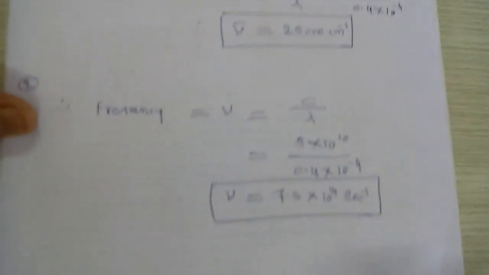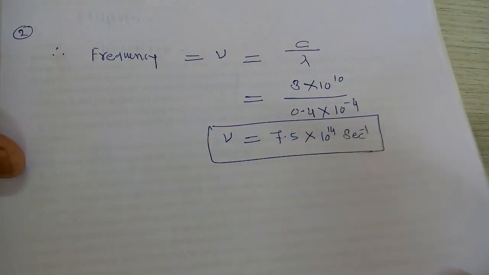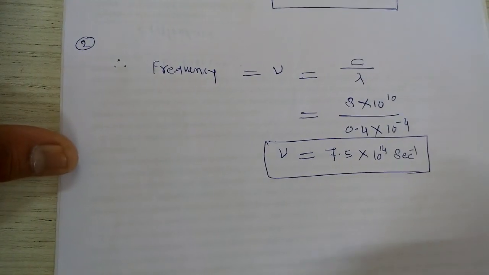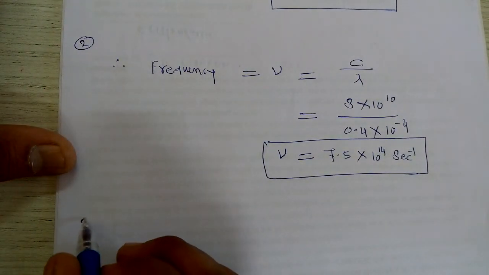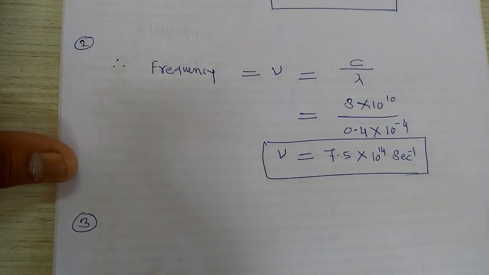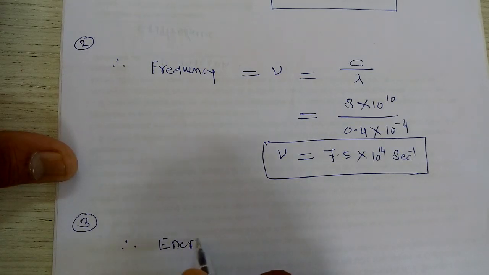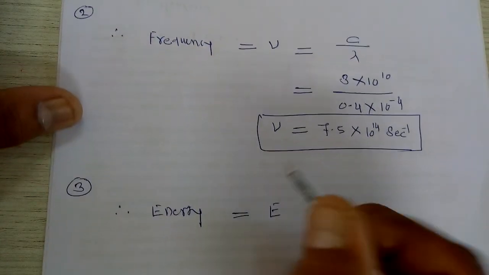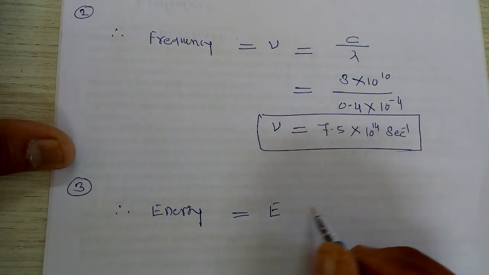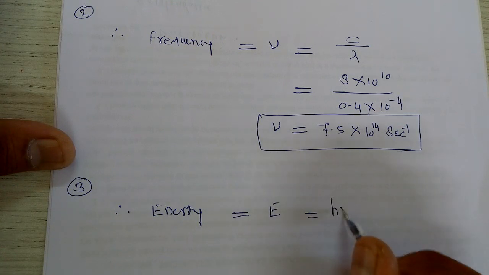And in the last step, that is the third step, we have to calculate the third parameter of this radiation, that is called the energy. Therefore energy, capital E, is equal to, we know very well, E is equal to h nu.